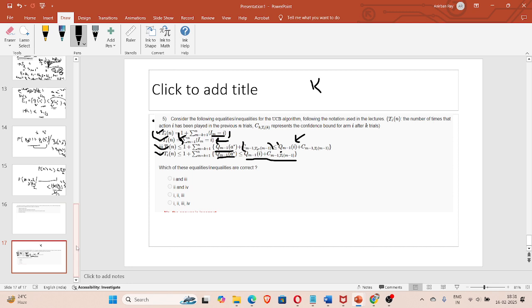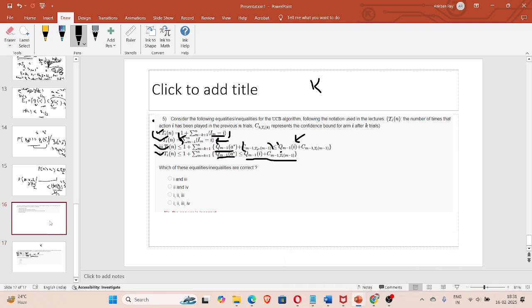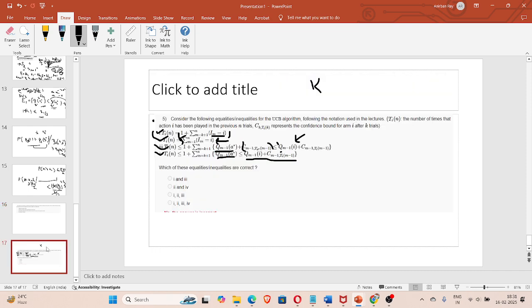I have just one doubt, not related to the assignments, just for clarification. It is an LQR problem related to reinforcement learning, but not from the assignment. In the LQR problem, we just define a cost function, right?